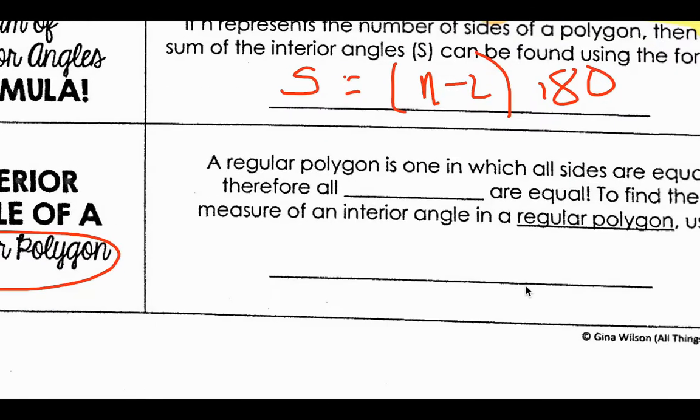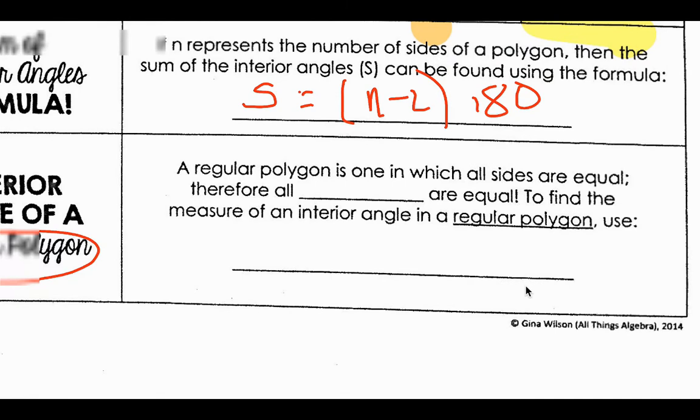So we have an additional formula that only applies to regular shapes. A regular polygon is one in which all sides are equal. Therefore, all angles are equal.